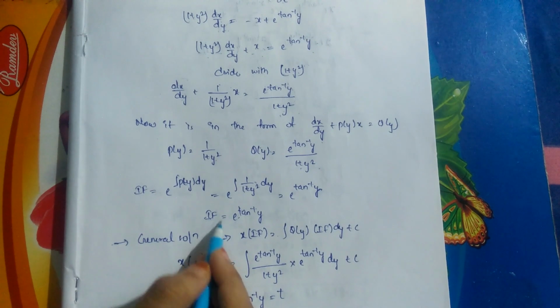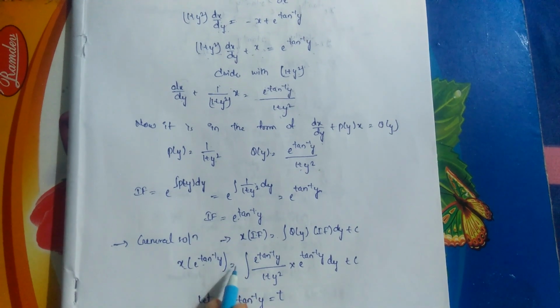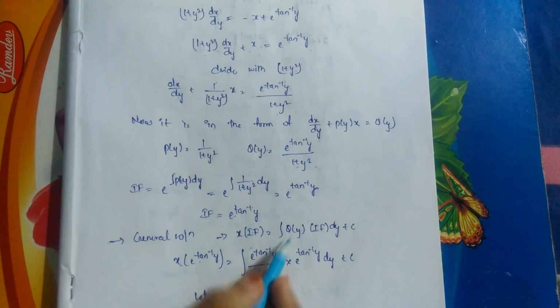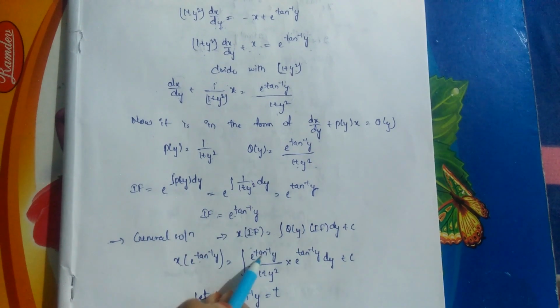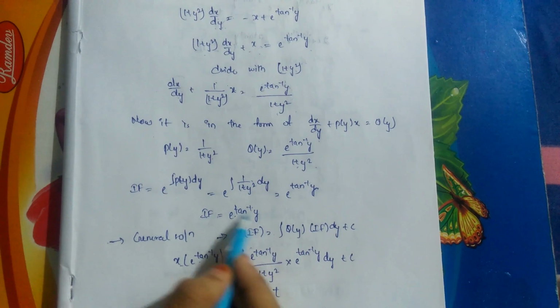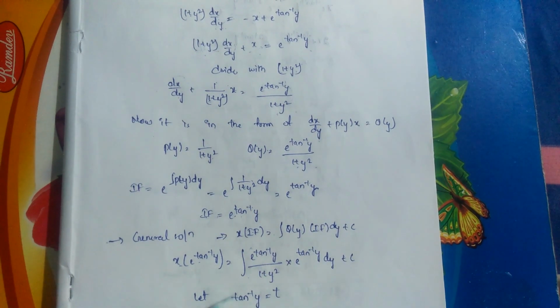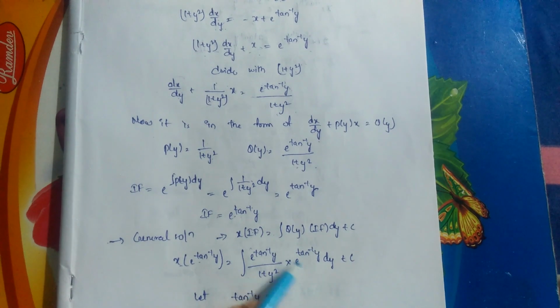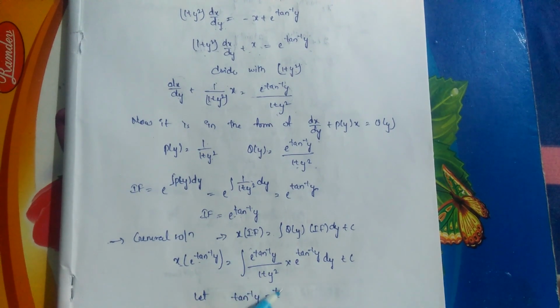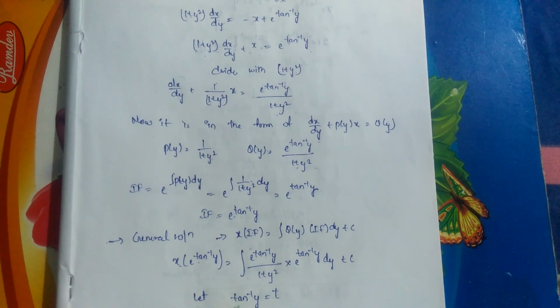So x·e^(tan⁻¹y) equals the integration of e^(tan⁻¹y)/(1 + y²) times e^(tan⁻¹y) dy, plus c. We assume tan⁻¹y is t, because when we differentiate tan⁻¹y we get 1/(1 + y²). So tan⁻¹y = t.